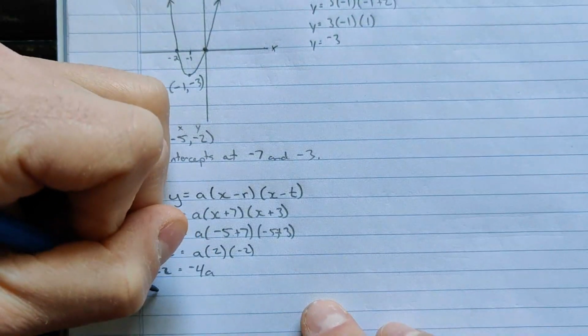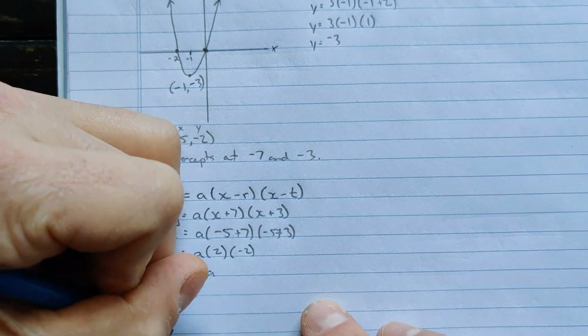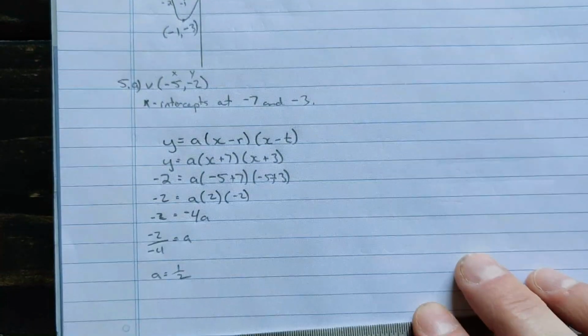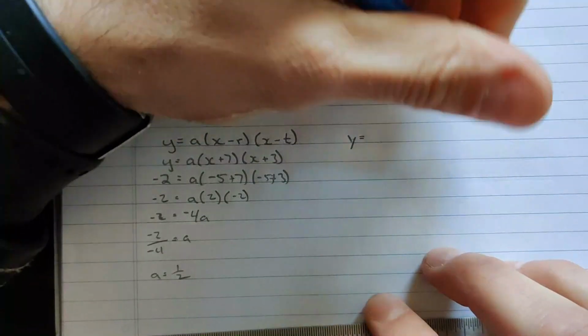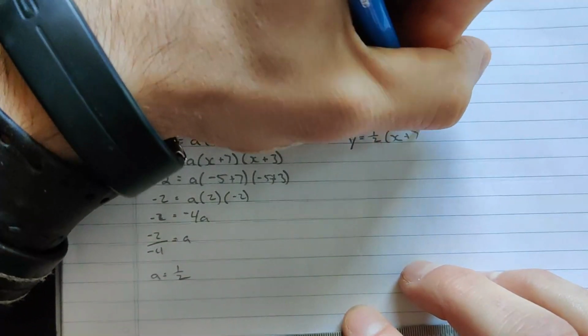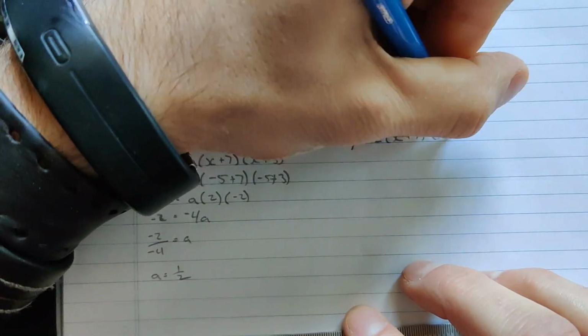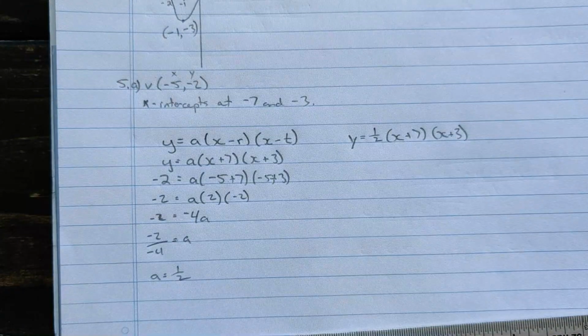Divide that out, and we're going to get negative 2 over negative 4 equal to a, or a equals 1/2. And then that will give us our equation. Y equals 1/2 (x plus 7)(x plus 3). And then you do the same thing in the case of the b to find that.